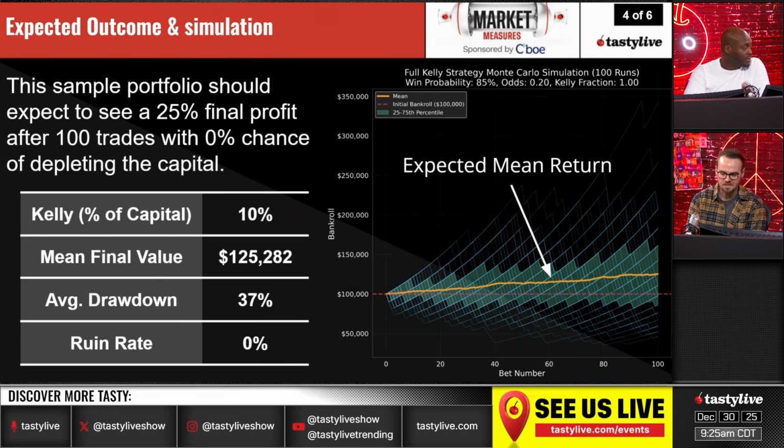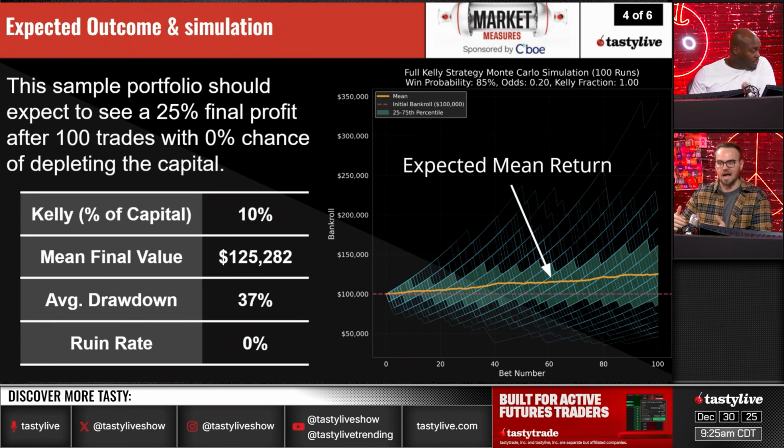This is a good call out here: even though you're expected after 100 trades to make 25%, your average drawdown is still a pretty large number with 10% allocated. It's kind of a multiple effect, where if your allocation is too high, that average drawdown is going to really drag down as well. Ruin rate is projected to be 0, in a full Monte Carlo simulation of 100 runs.